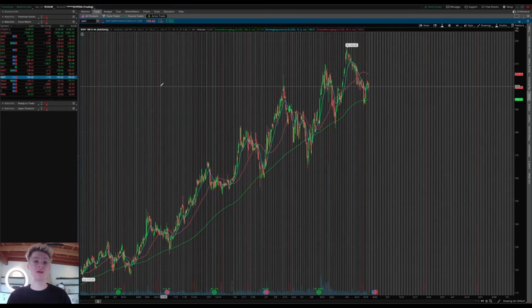Now, these are common moving averages. You've probably heard of them before, but the way in which I go about using them is what is important. Some people think that you just apply these moving averages onto your chart and you pretty much just say, well, the price is trading above the 180-day SMA, I might as well go long, right?